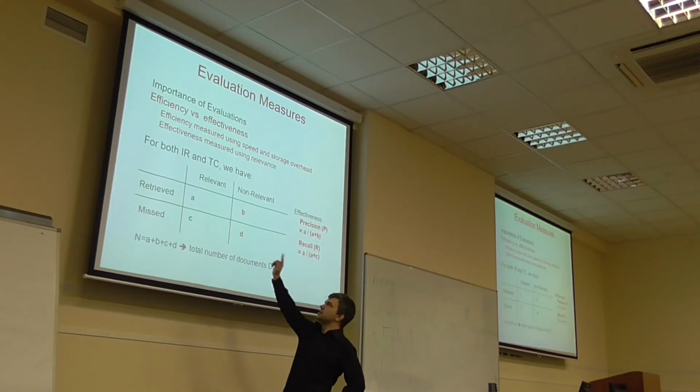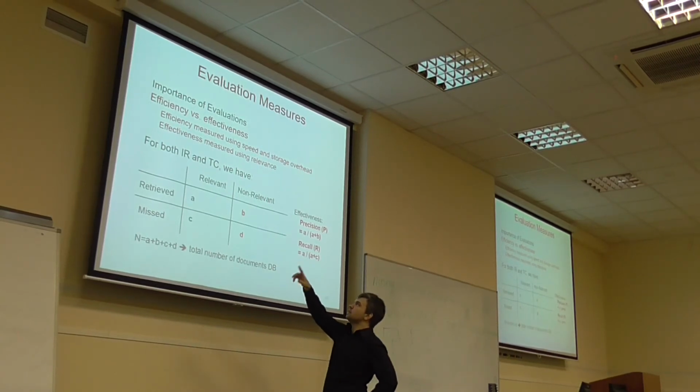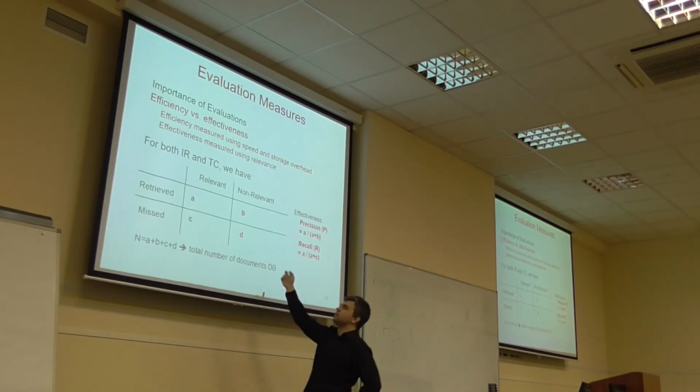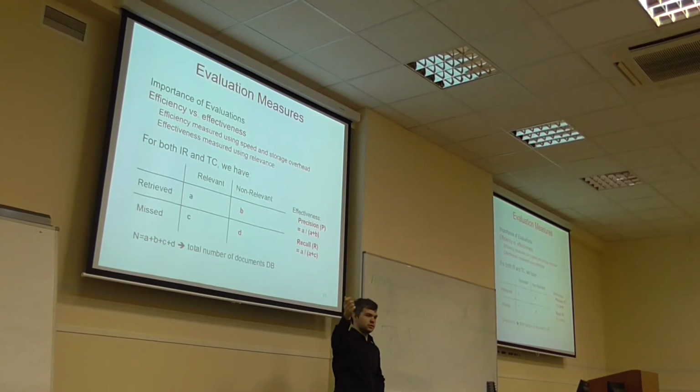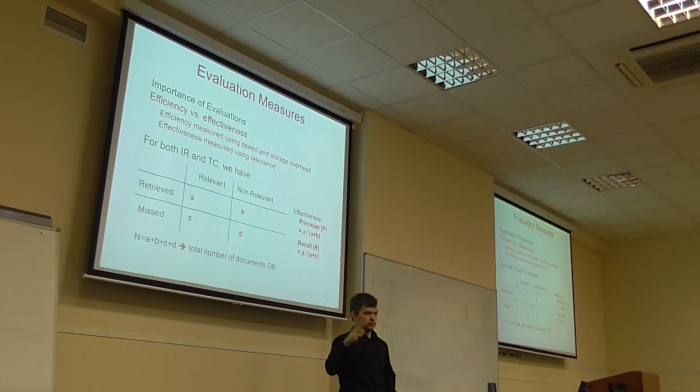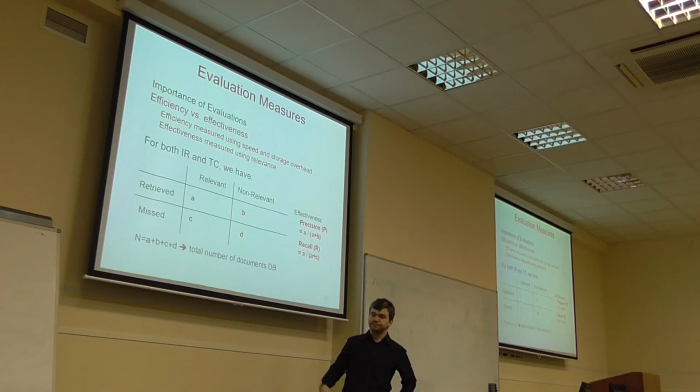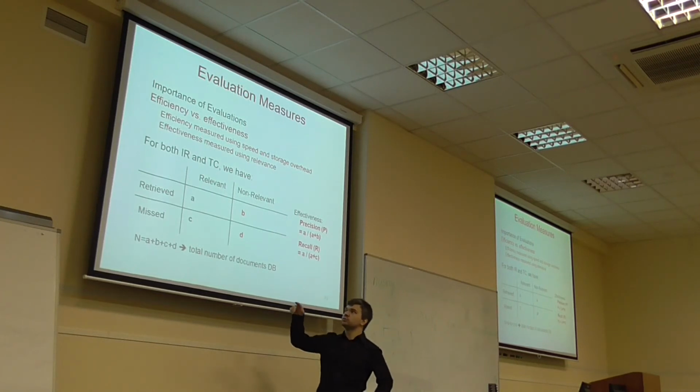Something is relevant and retrieved, something is not relevant but retrieved, something is relevant but not retrieved, and something is not relevant and not retrieved. I also call these true positives, false positives, false negatives, true negatives, and so on. Different codes. This one is in terms of information retrieval, but we can reformulate it in terms of classification. It's exactly the same.